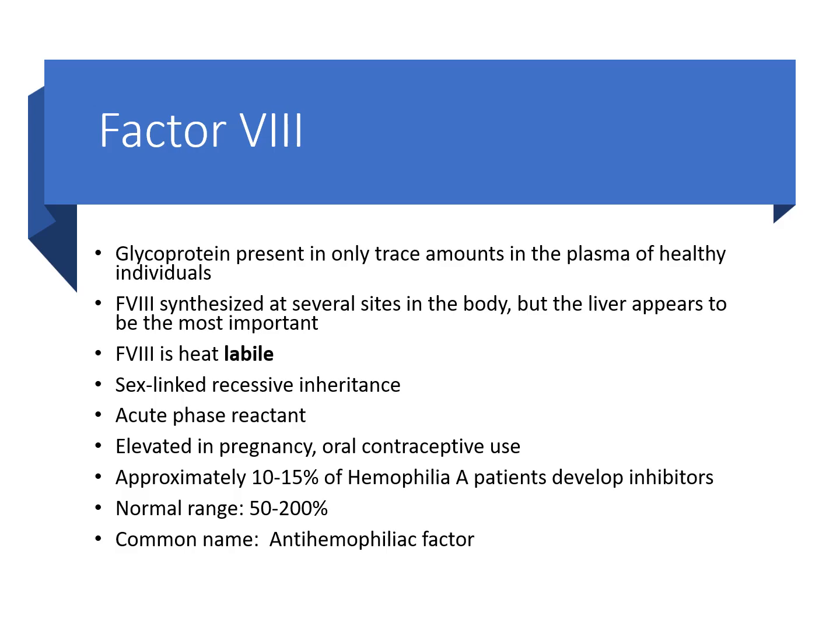Deficiencies are usually sex-linked recessive inheritance, and an interesting fact about factor 8 is that it can also be an acute phase reactant, which means that we may see elevated levels during trauma, pregnancy, inflammation, chronic illness, and strangely enough, oral contraceptive use.